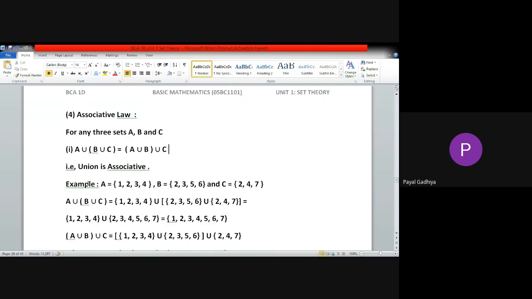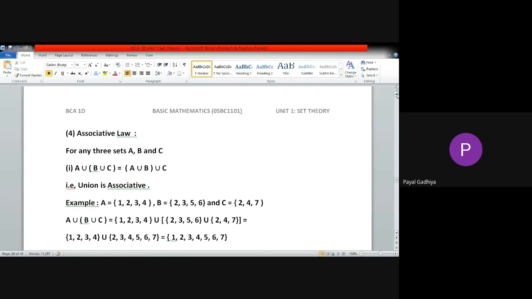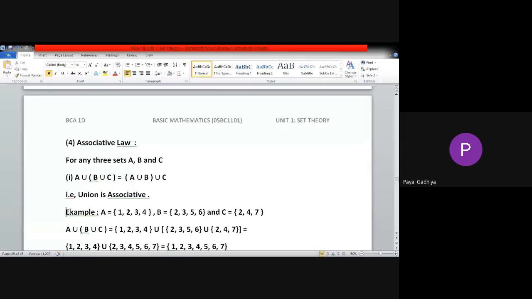Okay, this is the example first. Let us see this example and then we'll move forward to the intersection. Here I have set A as 1 2 3 4, B as 2 3 5 6, and C as 2 4 5 7. First, find A union B union C. For that we have to find B union C first. What will be B union C for these sets?